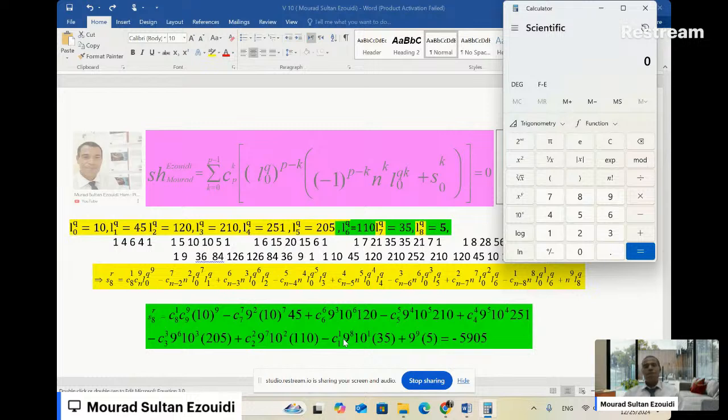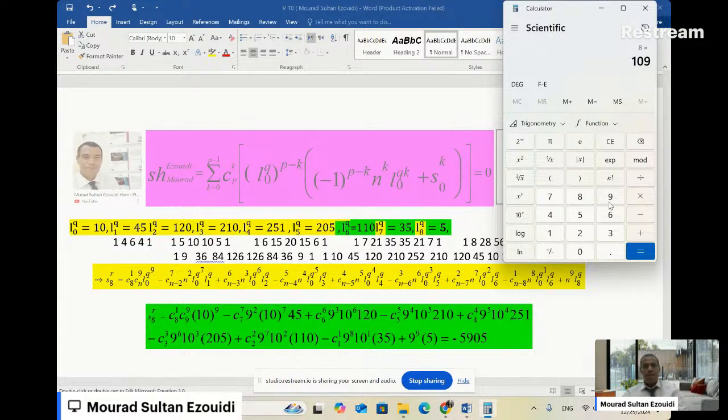So we need to add them, but the value of S8 in nth degree from the equation should appear in terms of combination 1 times n to the n minus 2 to 7, n minus 3 to 6, and so on.